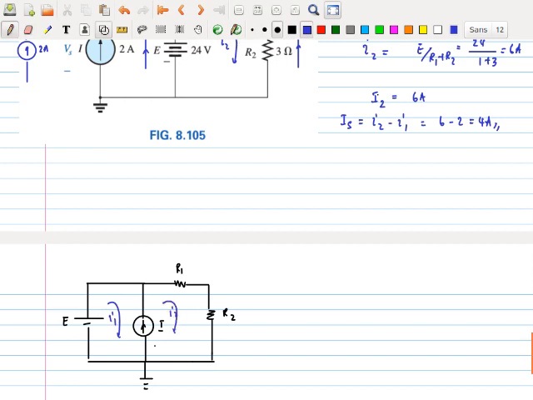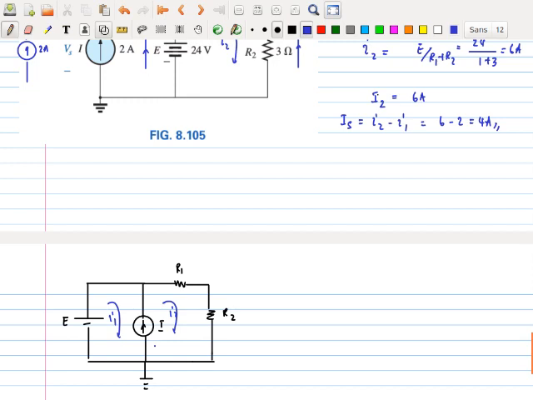Now I start applying the Kirchhoff voltage law to each loop. I go to the first loop. How do I apply the Kirchhoff voltage law to loop number 1? Now what, all of a sudden?